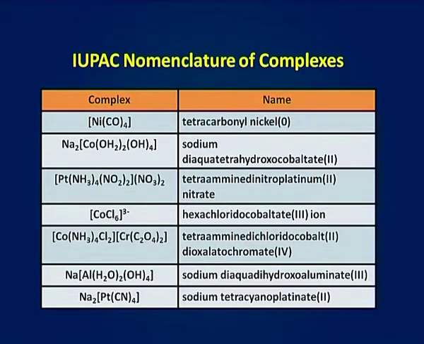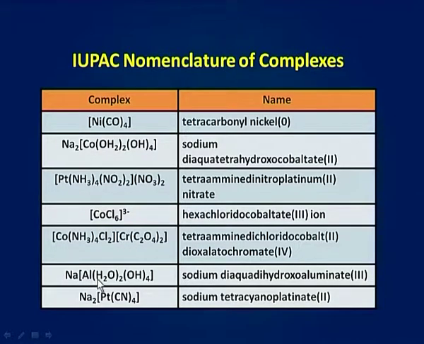You must remember that the name of the metal in the cation will be used as its usual name and ate must be added at the end of the metal name in the anion.